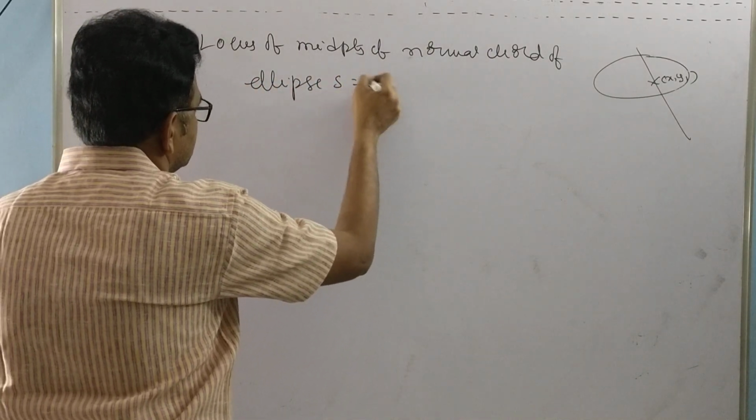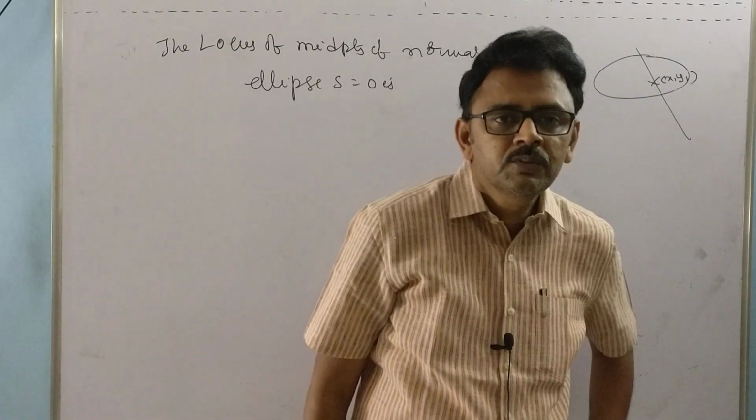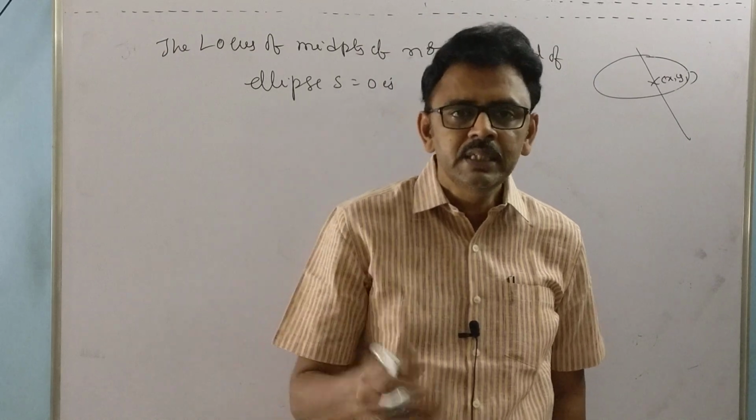S means the standard ellipse equation, x square by A square plus y square by B square equal to 1. That is the standard ellipse equation.